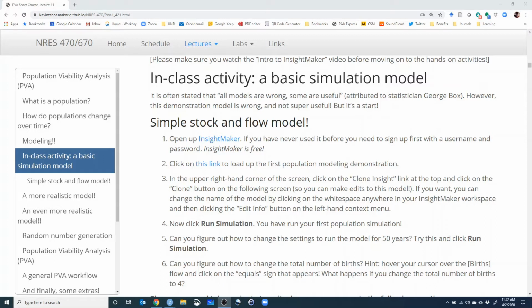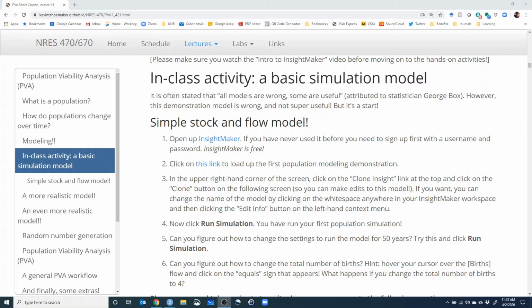It's often said that all models are wrong and some are useful, and that's often attributed to statistician George Box. It comes into play a lot because it's true. All models are wrong, and we're always trying to balance between complexity and simplicity in order to make a useful model.